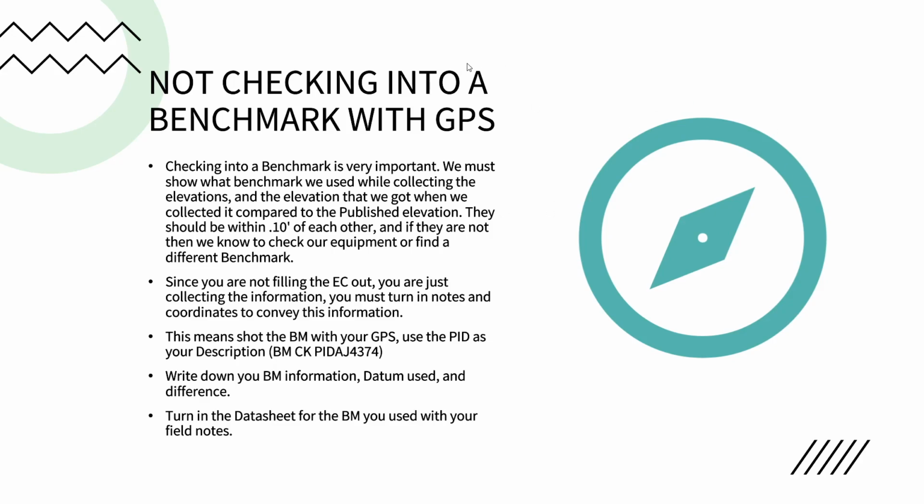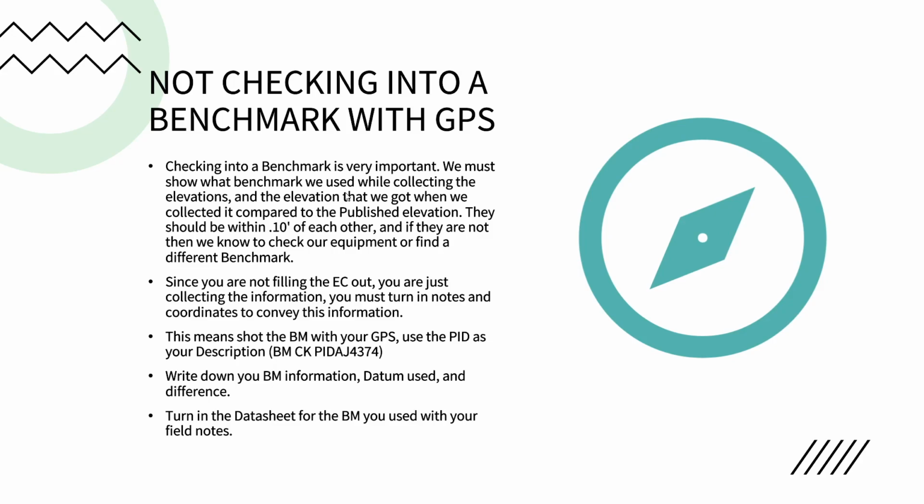But if you are out there with a GPS and you're checking in, dropping a benchmark at the house and then running a loop around the house, this is very important. You have to go to your benchmark and shoot it before you go to the house and set your temporary benchmark. We have to prove that we are within our tolerance of 1/10, and we have to show what benchmark we checked into.